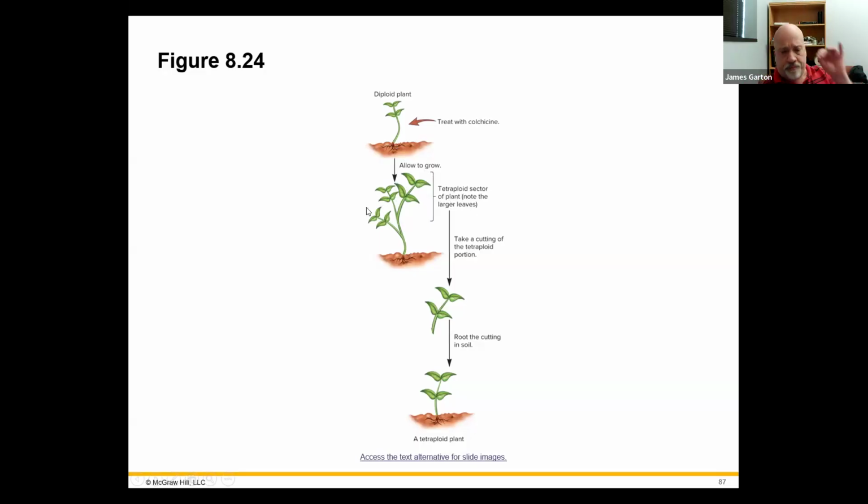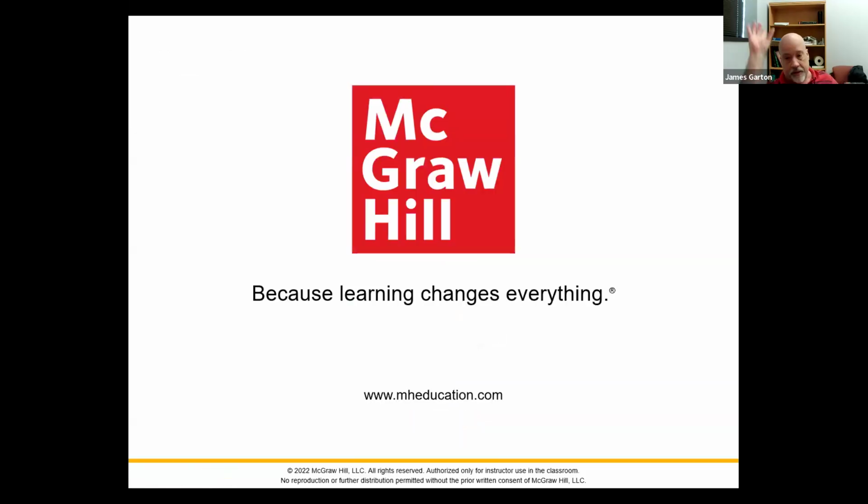Usually the polyploid plant will be bigger or more robust or have bigger seed sets. And in a lot of plants, you can take a cutting, and if you treat it right and put it under correct conditions, it can reroot itself into a substrate, and it can resume growing into a full tetraploid individual.